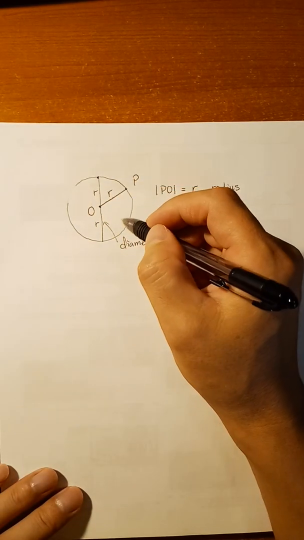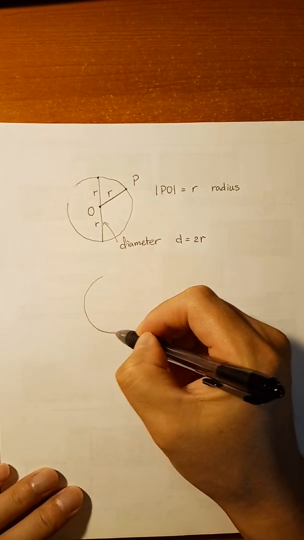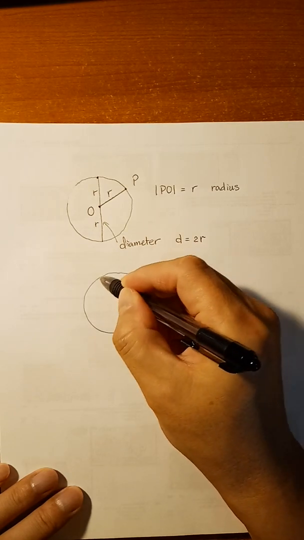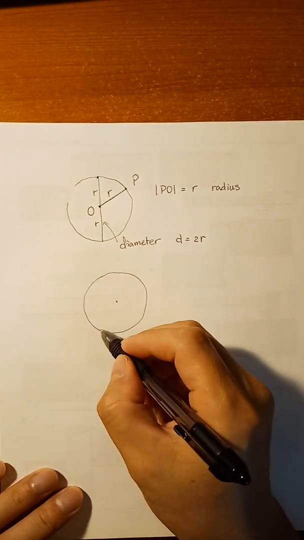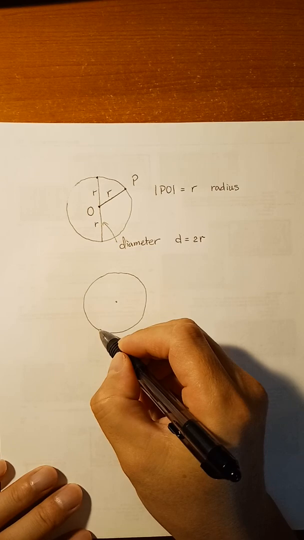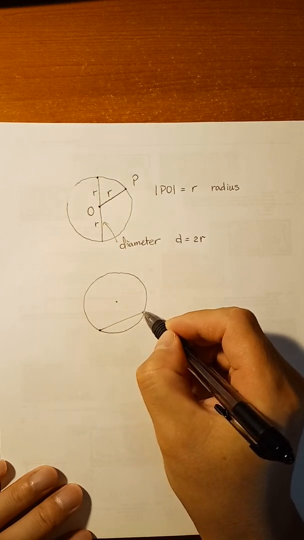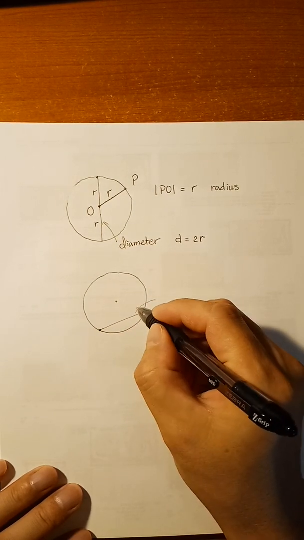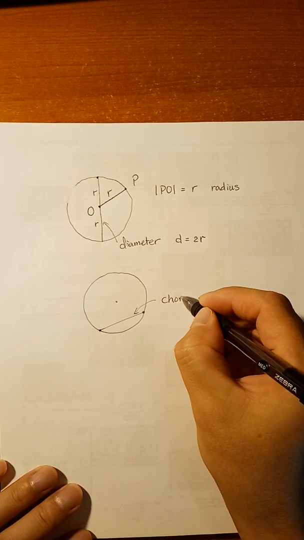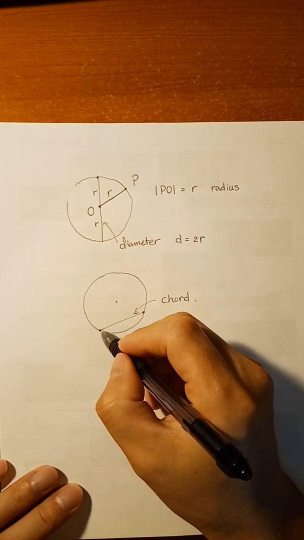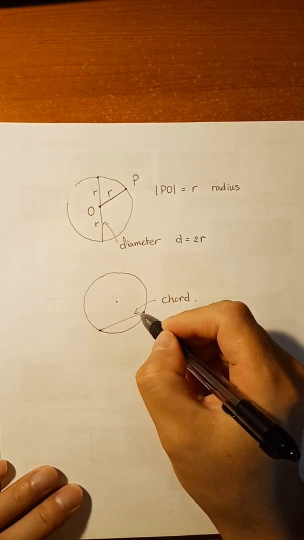And also you can see that for any other case, if you have 2 points and you connect those 2 points, this is called a chord, C-H-O-R-D. And the chord has some length.